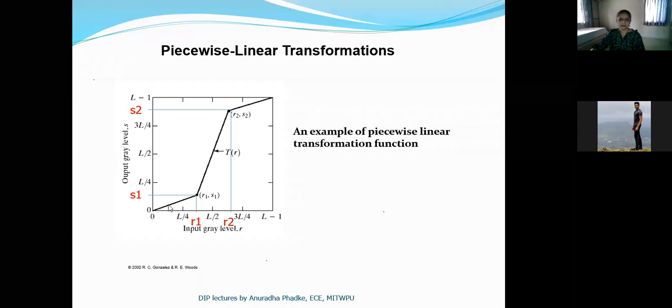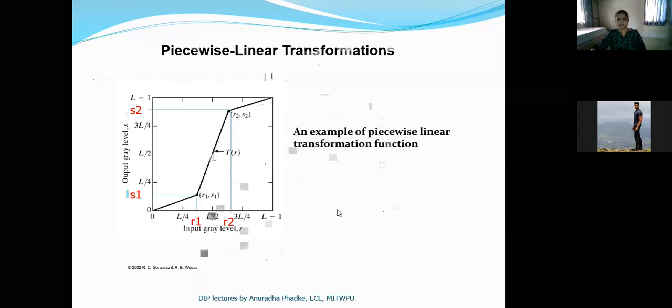Similarly, if your original gray value is between R1 and R2, we can use this second line to determine new gray values, which are of course between S1 and S2. So this is a simple piecewise linear transformation to achieve contrast stretching.